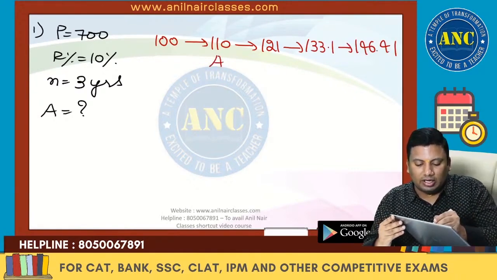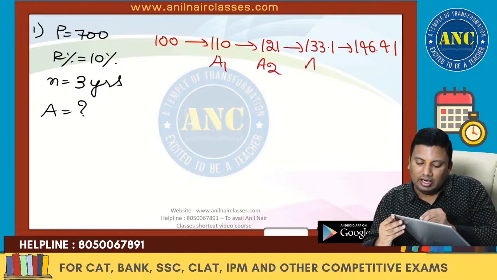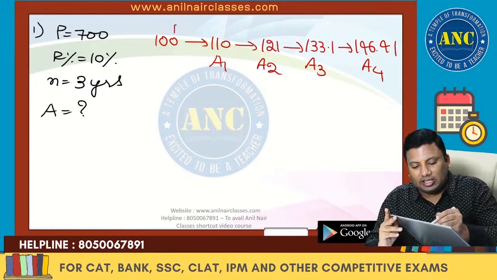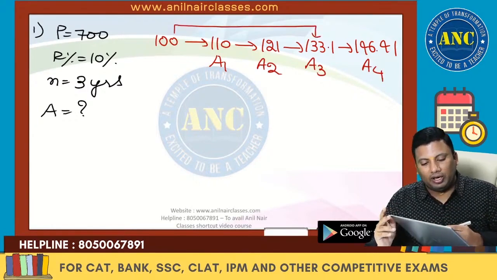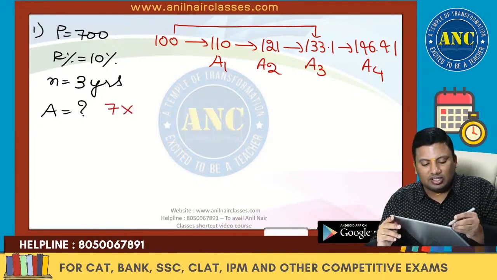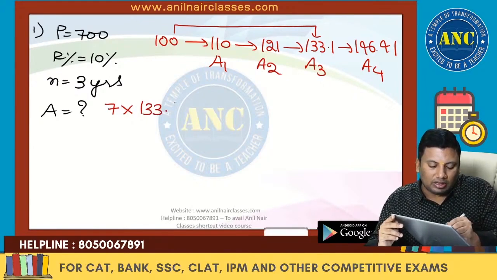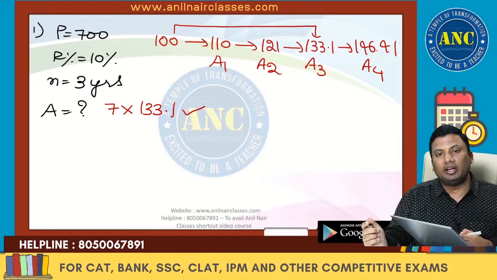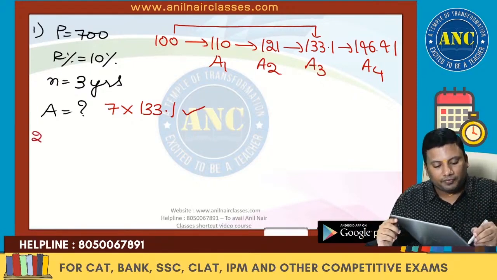These are nothing but first year, second year, third year and fourth year. So third year, if it is 100, 133.1, 700 is 7 times 100. Amount also is 7 times. 7 into 133.1.